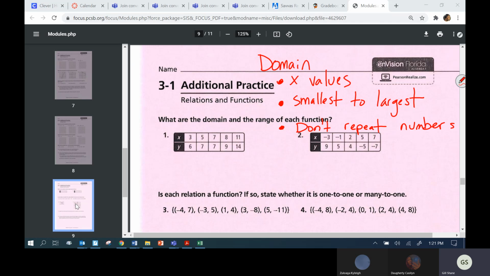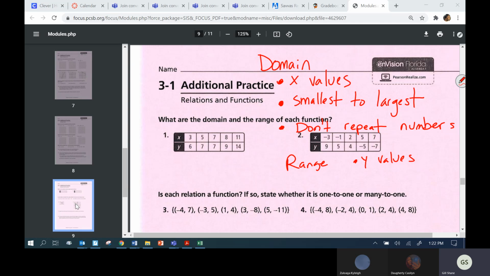So I would suggest that I'm doing all of these for you. If you actually care about your midterm grade and your semester grade, go back and try to do these, like cover up the answer that you've written down that I did and try to do it on your own. So X value, and then range. Range is kind of the same thing, only the range is the Y values.